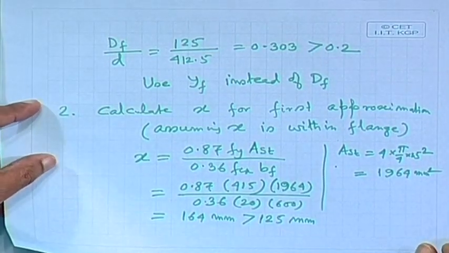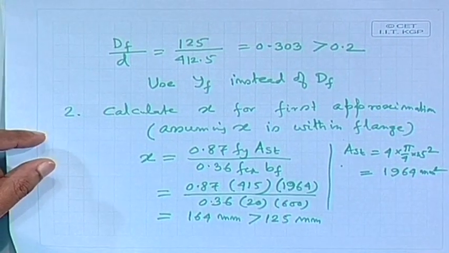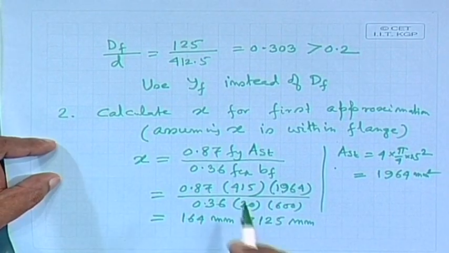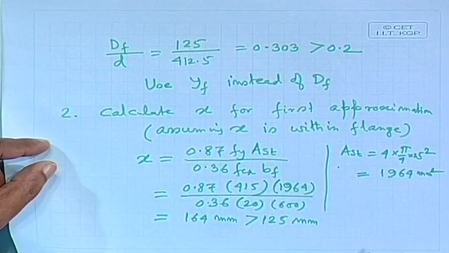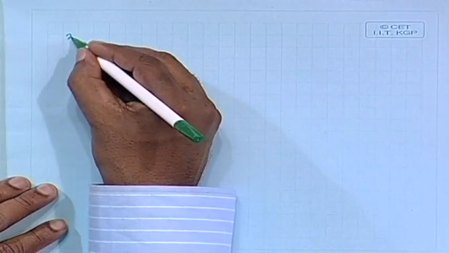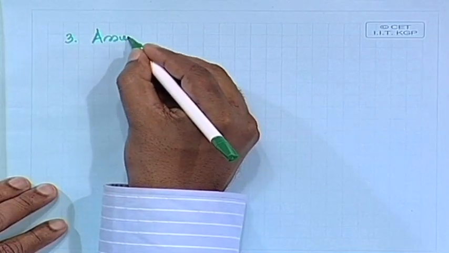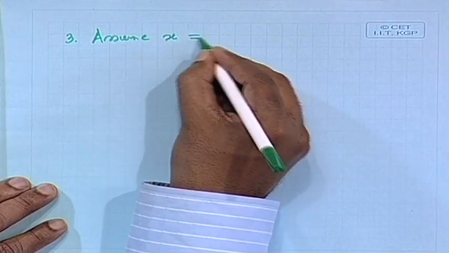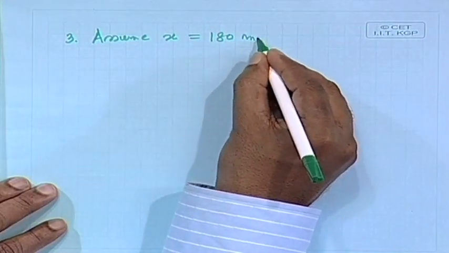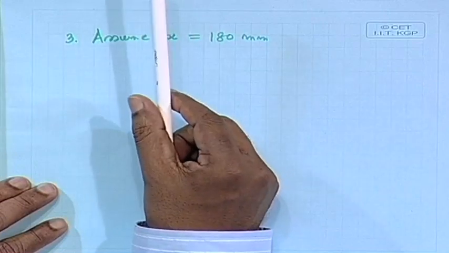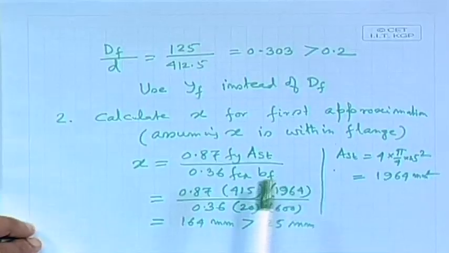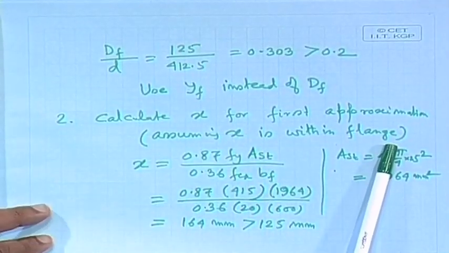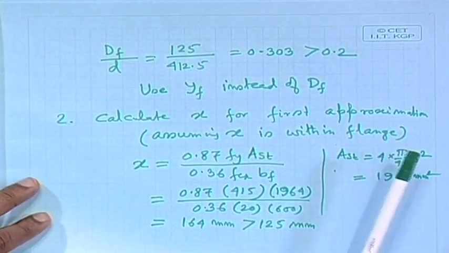Next, we shall assume a certain x, and that means we shall do the calculation iteratively. Assume x equal to 180 millimeter, because it is coming 164, and I had assumed that the neutral axis is within the flange.